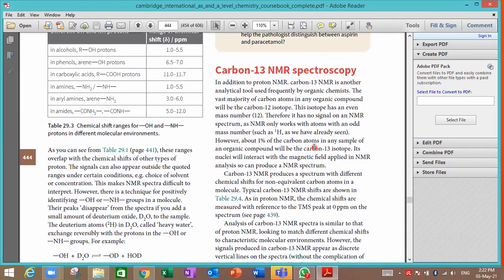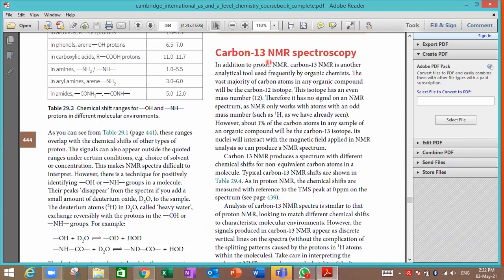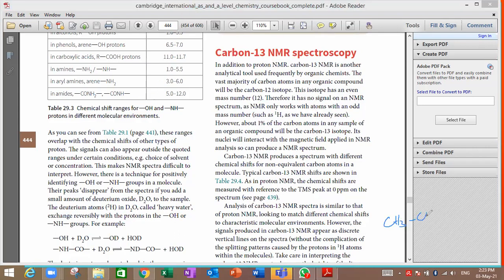Now we have another type of spectrum that we call carbon-13 NMR spectroscopy. In carbon-13, we are going to find out how many carbon environments we have in our compound this time, not for hydrogens. For example, if I have CH3CH2OH, this means that I have only 2 carbon environments.